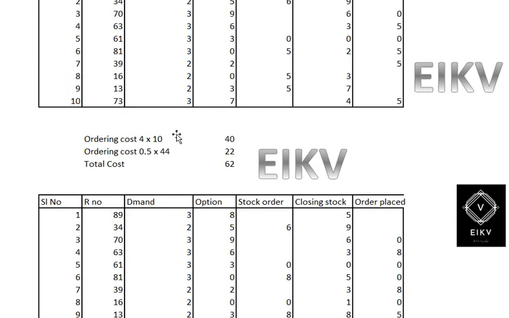The ordering cost will be 4 into 10, and the carrying cost will be 0.5 into 44. This is the carrying cost. Therefore 22, and the total cost will be 62.